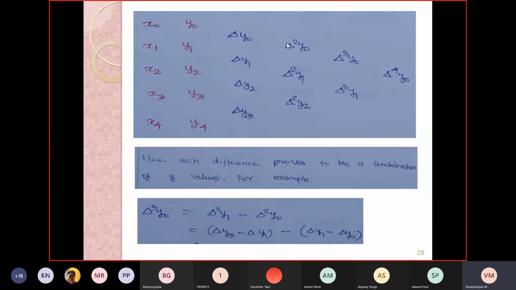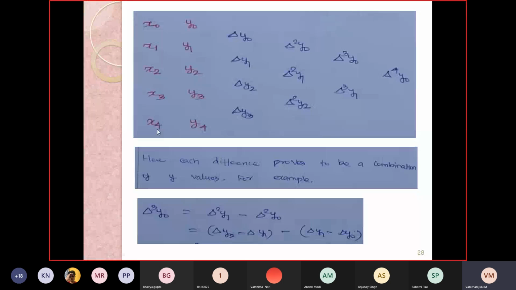And this is the second difference of y0, which is the difference between delta y1 and delta y0. The second difference of y1 can be calculated with the aid of the difference of delta y2 minus delta y1, and so on.